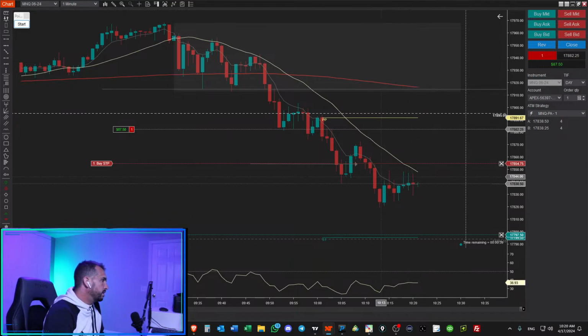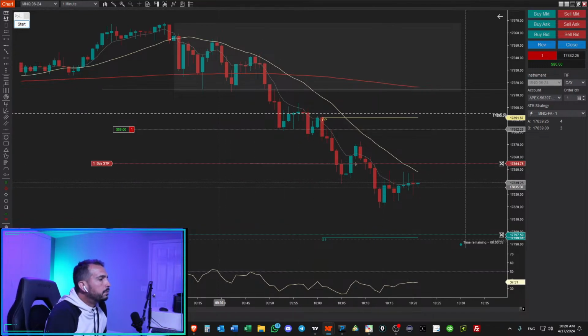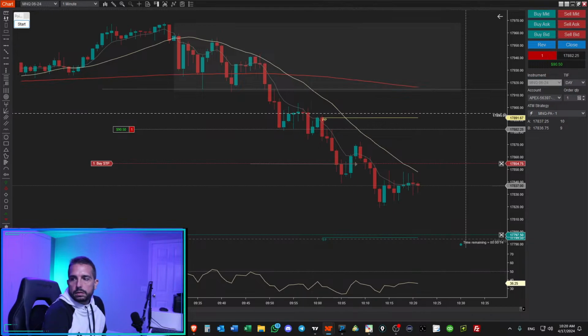By the way, that's the 7 EMA. If you just put it right there, the spread would have probably got you off. So maybe you want to give it a little more room, especially if you're doing CFD, because the spread works different.